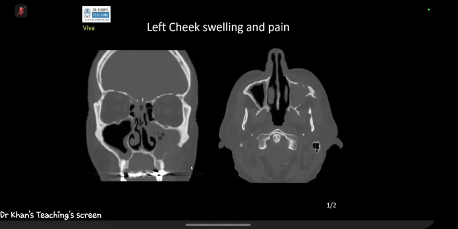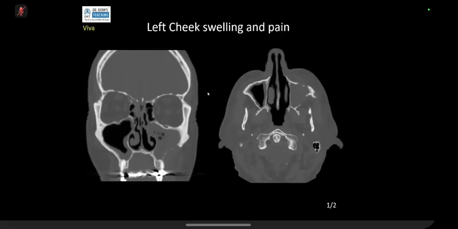Thank you, sir. So this is an axial and coronal reformatted CT of the paranasal sinuses in a patient with left cheek swelling and pain. I see that there is a soft tissue attenuating opacification in the left maxillary sinus, extending through the antrum into the part of the ethmoid in the nasal cavity.